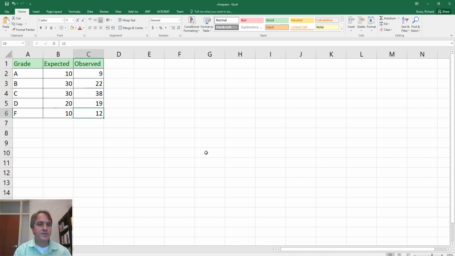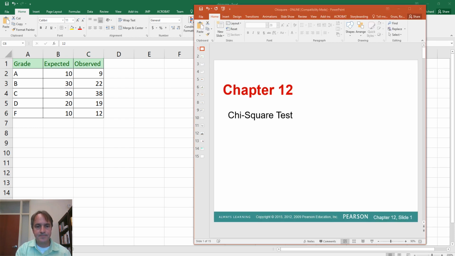So it turns out that when you're trying to look at the difference between an expected discrete distribution and an observed discrete distribution, there's a well-defined test for doing this, and it's called the chi-square test.